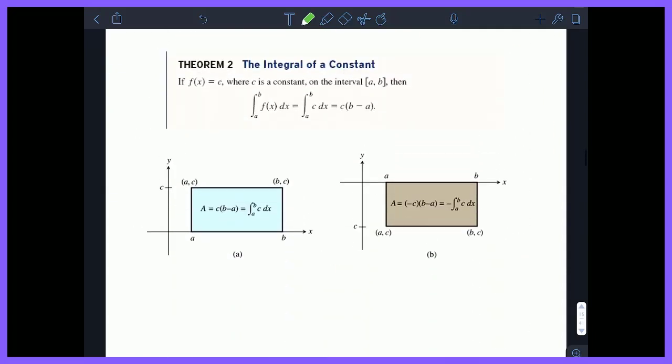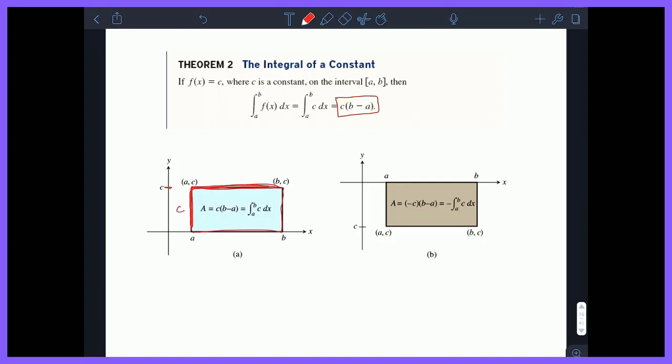Let's take a look at integrating constants. So if you take the integral of a constant, it's actually just equal to the constant times the difference of your bounds. And let's take a look at a picture as to why. So suppose we have some constant c, like it could be 3 or 4 or 5. The area of this rectangle formed is just equal to the constant height c, right?